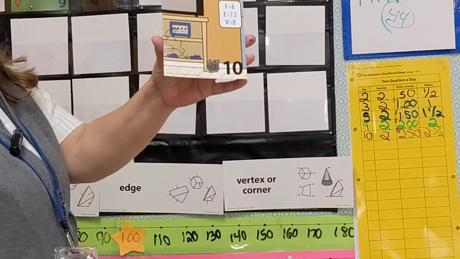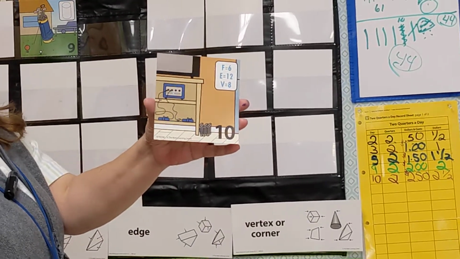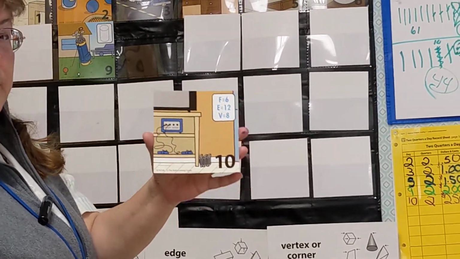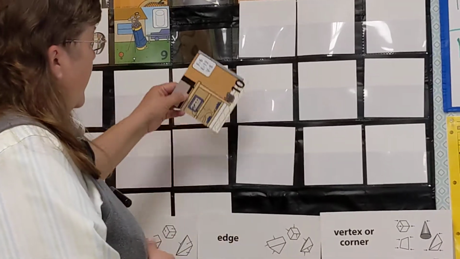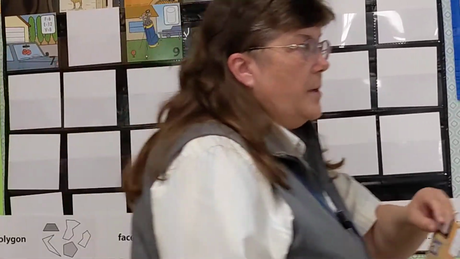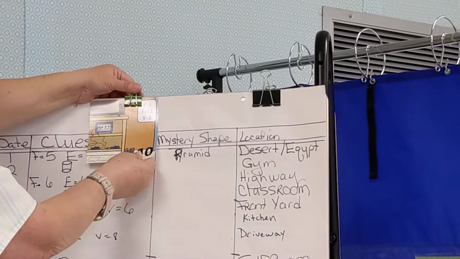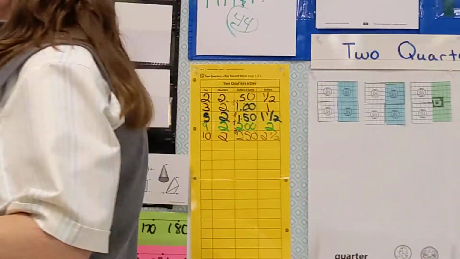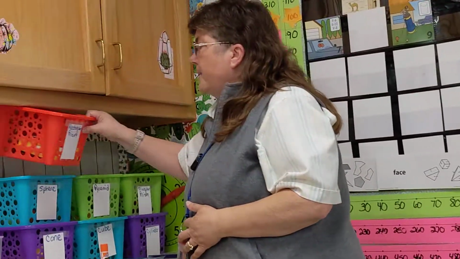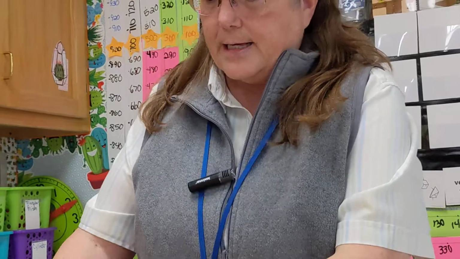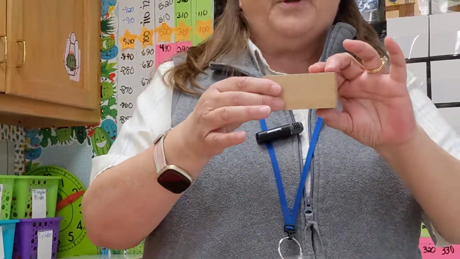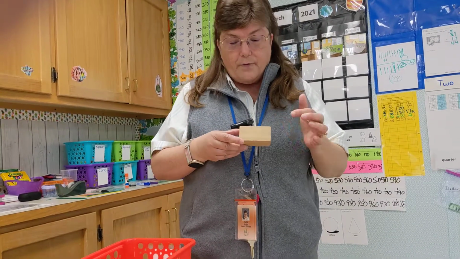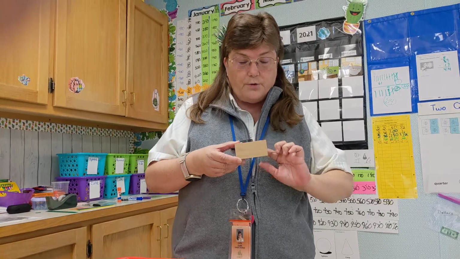I'm going to say it's this blue box here, and I'm guessing rectangular prism. But actually I'm going to put this up here so we can remember. Let me get my rectangular prisms out and let's check. So here is the block of it. I'm going to count the faces. 1, 2, 3, 4, 5, 6.